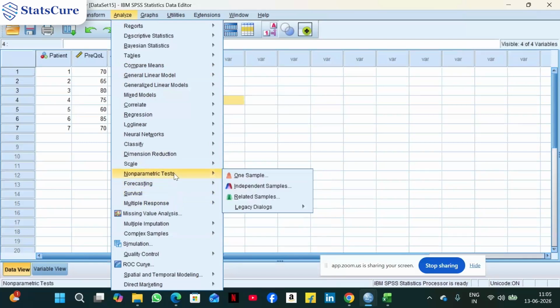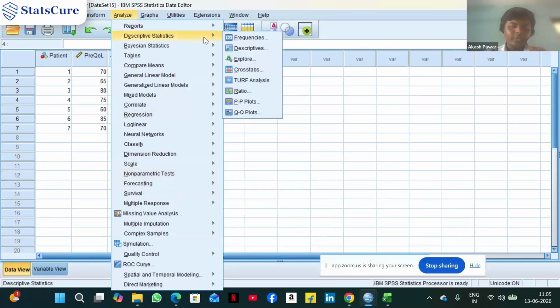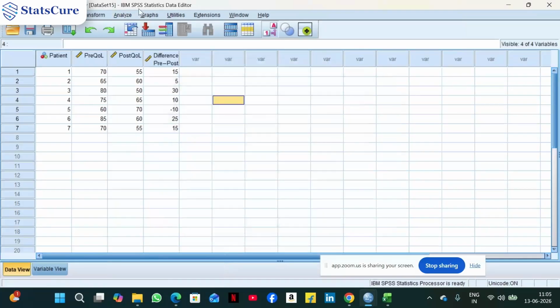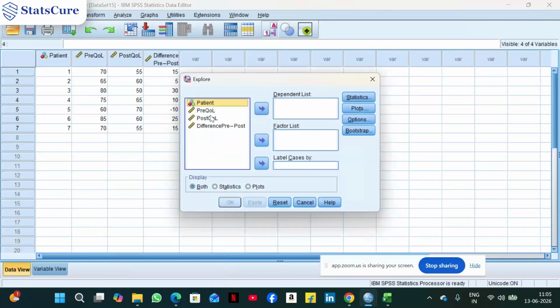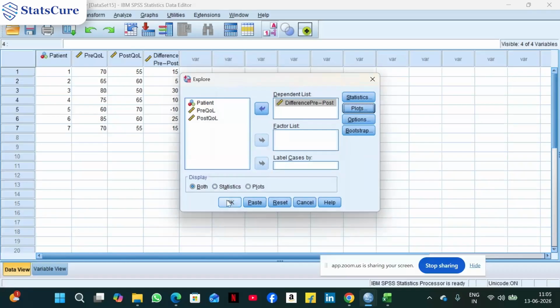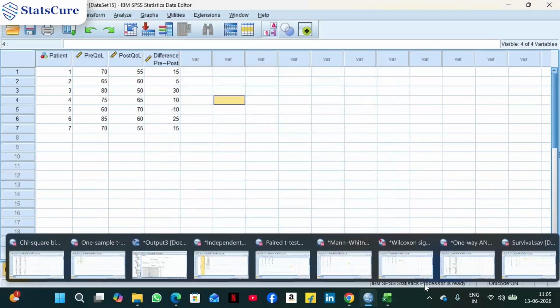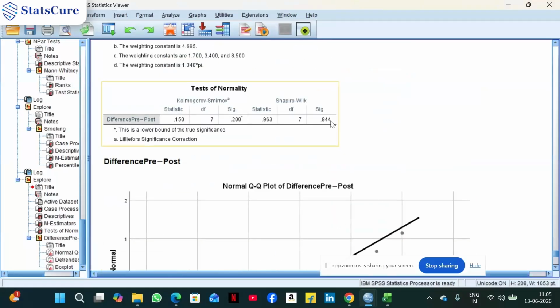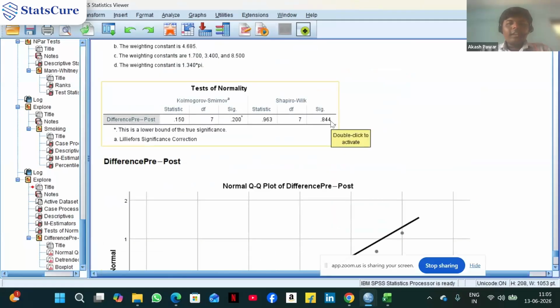Sorry, you don't need to check the normality, no? Normality, explore. Okay. So here we can see the p-value is more than 0.05, which tells the data is normally distributed.